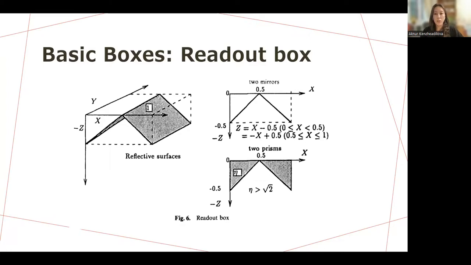Here we can assume that U and V are represented as the position on a unit square lying on the XY plane. The readout box uses two flat reflective mirrors, as you can see here, or it can also use two totally reflective prisms.